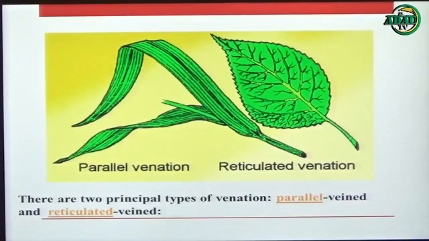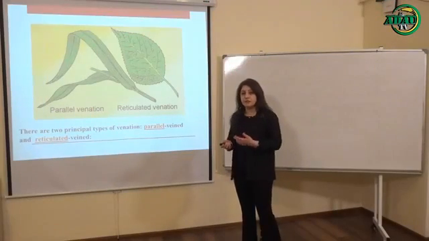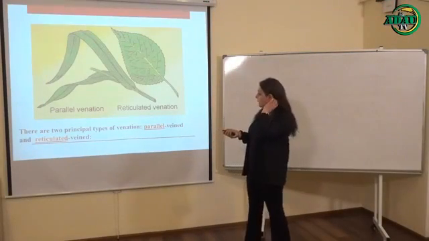Here you can see two principal types of leaf venation: parallel venation, which is a characteristic feature of monocots, and reticulated venation, which is characteristic of most dicot plants.